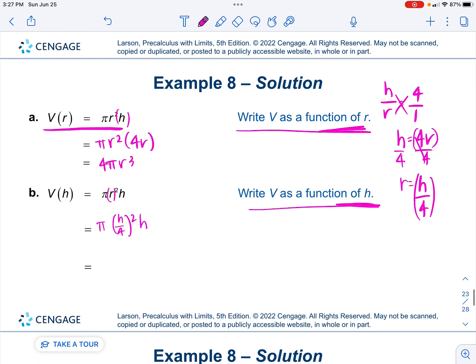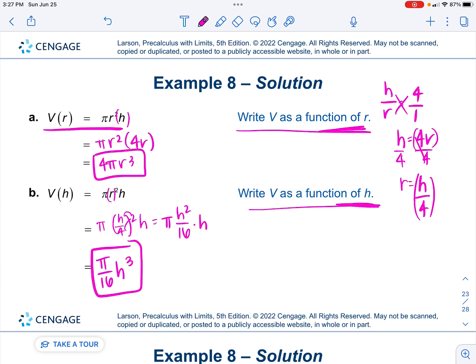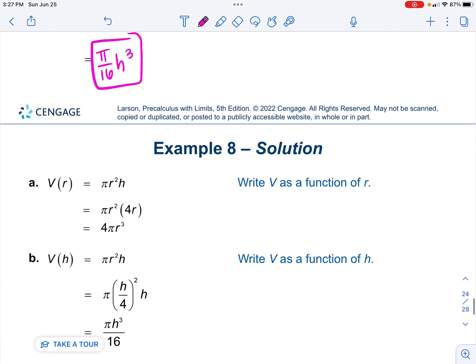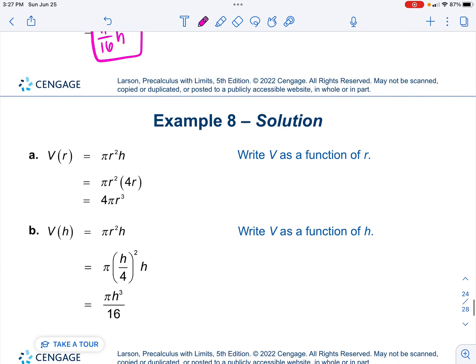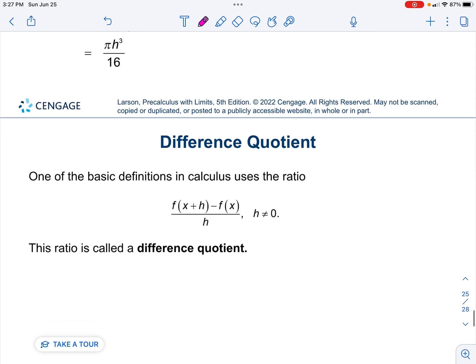And then I'll simplify. Here I'd have to distribute the squared. It's a little bit more work on this one. So it'll be h squared over 16. And so I end up with h cubed, and I'm going to slip my divide by 16 in with my pi. And then here we can see the typed out solutions.